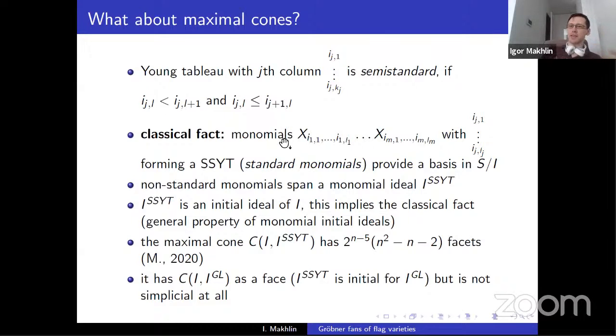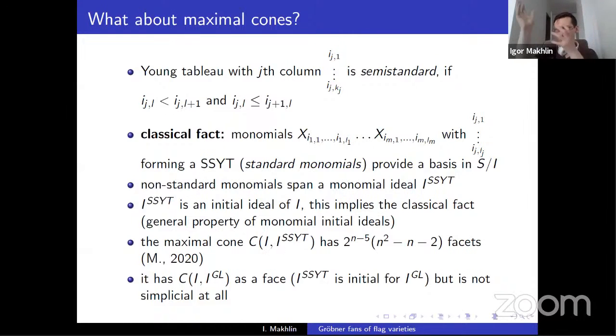But for us, the main thing here is that we have actually found an initial monomial ideal of the Plücker ideal. And this means that this monomial ideal corresponds to a maximal cone in our Gröbner fan. So this cone C here must be maximal. And the question is, how do you describe this cone?